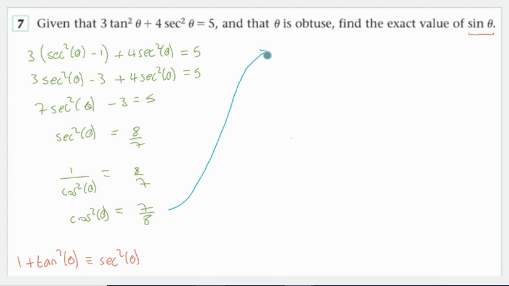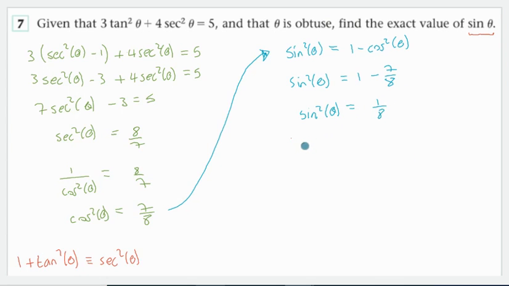Now, using the fact that sine squared of theta is the same thing as 1 minus cos squared theta, I can say that sine squared theta is equal to 1 minus 7/8. So therefore, I know that sine squared of theta is equal to 1/8.